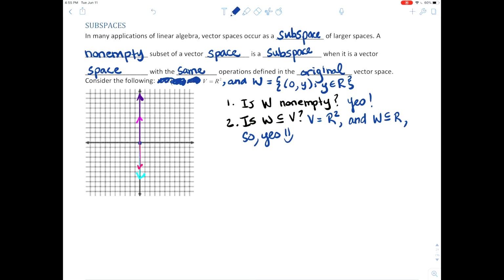Now, the cool thing about this is you can show that a subset of a known vector space is also a vector space by showing it's a subspace of that set. And once you establish that you've got a non-empty set and that it's a subset of the larger space, in this case R2 is our larger space.